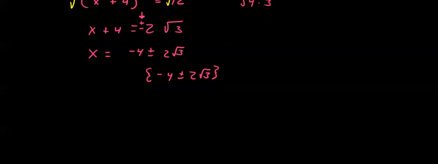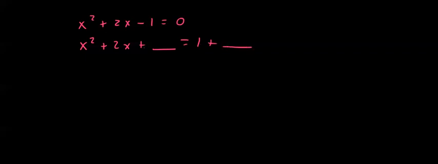Easy peasy. Let's do one more just to make sure. All right. Step 1, put the constant on the other side. X squared plus 2x plus something equals 1 plus something. Take half of the linear term and square it. Half of 2 is 1. 1 squared is 1.